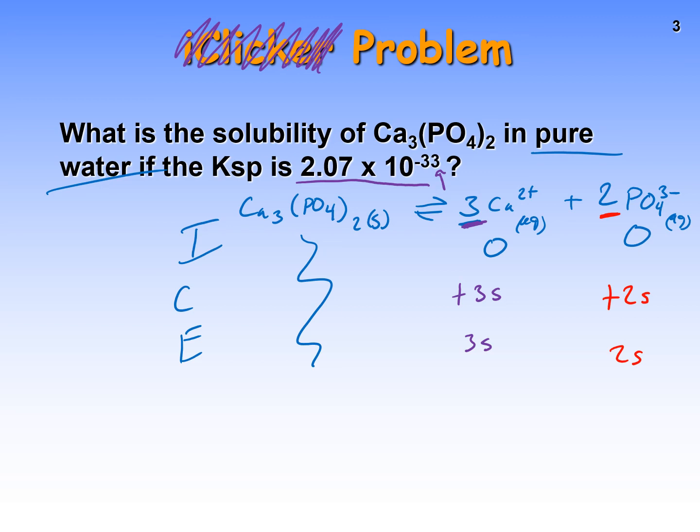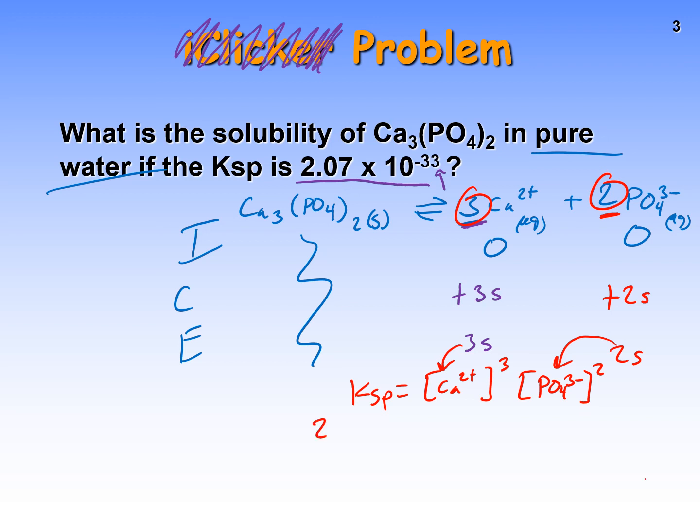Now, Ksp is going to be equal to the concentration of calcium 2 plus cubed. Again, this cube comes from the 3 here, times the phosphate concentration squared. Again, the square comes from the balanced chemical equation and the stoichiometry involved. Well, I can just plug these in.